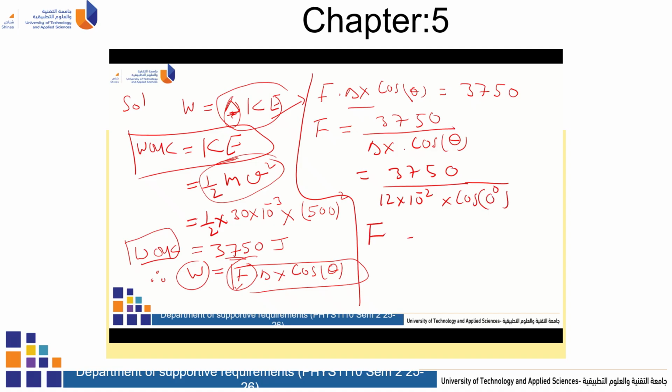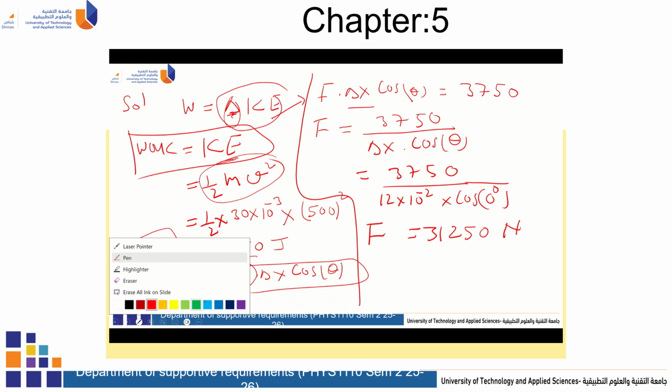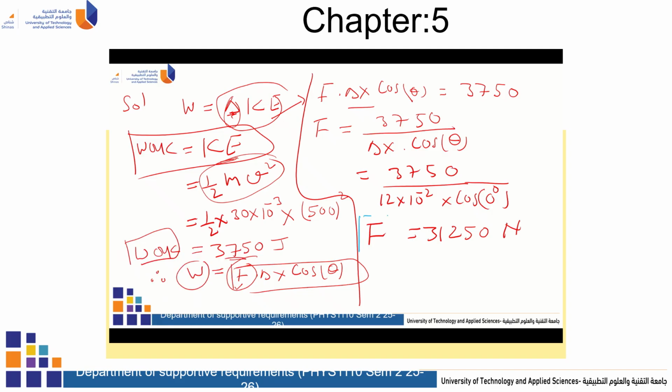So the force is equal to, if I calculate from my calculator, approximately 31,250 Newton. This is the answer for the force.